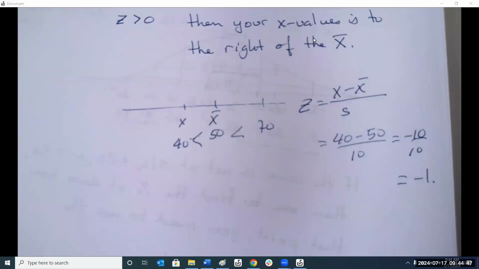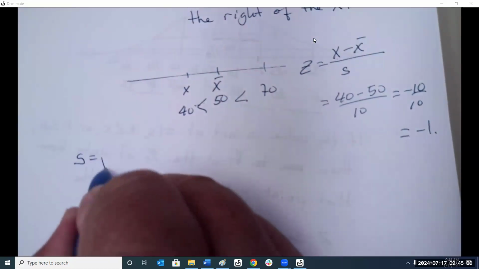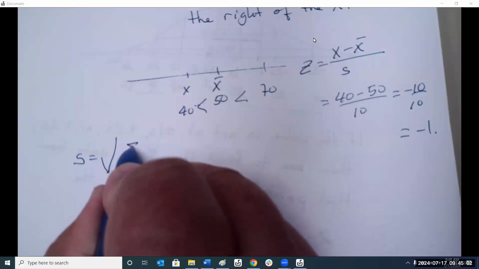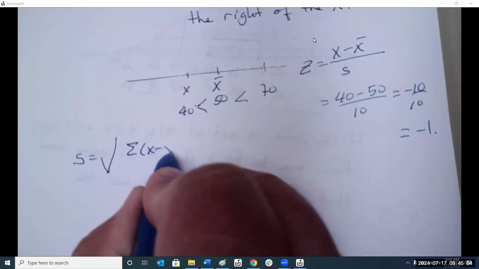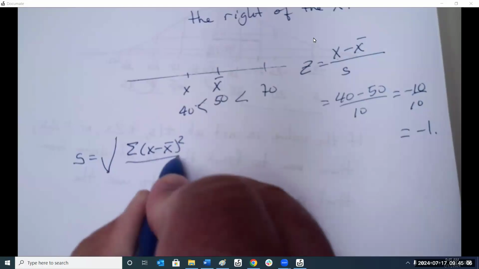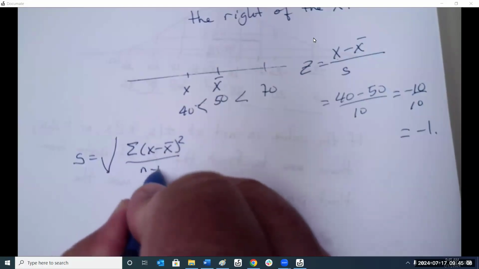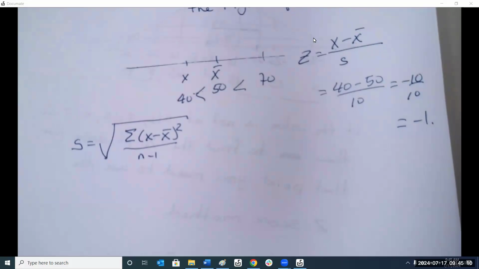Why can the deviation never be negative? What's the formula for deviation? S equals the square root. Because there's nothing in there that can make it negative.